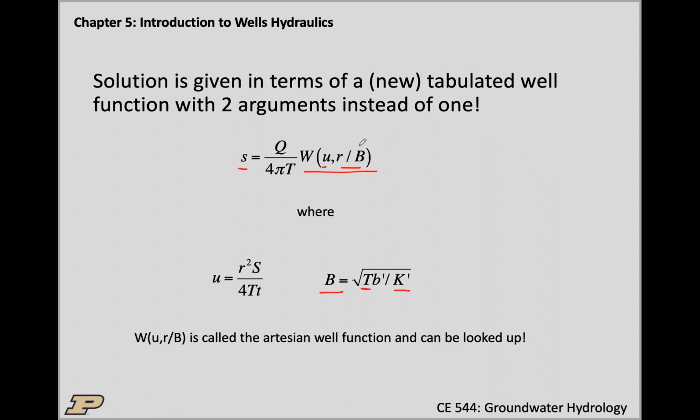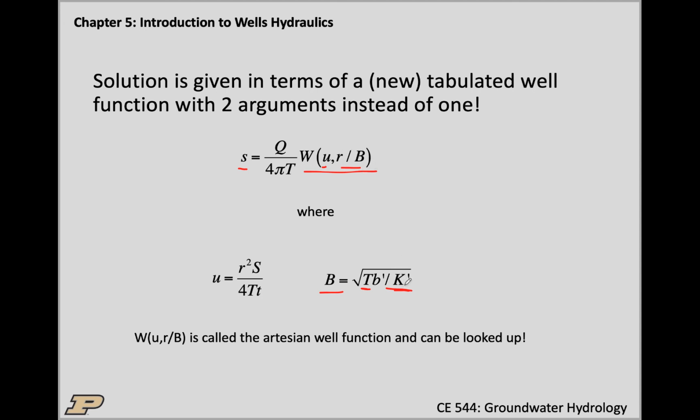It's almost 0 because B is very big, so R over B is almost 0. So again, we're back to the regular confined case, which makes sense, right? Again, if there's a whole lot of resistance, if there's no hydraulic conductivity, it's clay, let's say, and no water can go through, right? This K prime is very, very small. Again, this is very big. This now is very small, and we just have a confined aquifer.